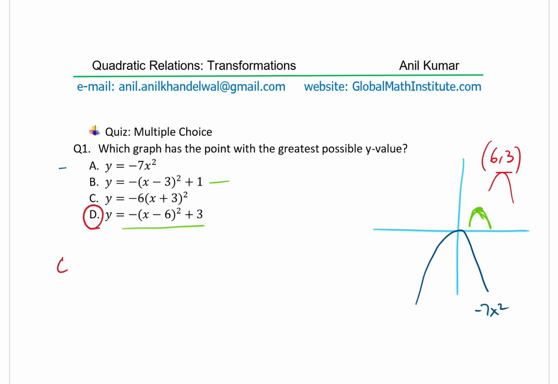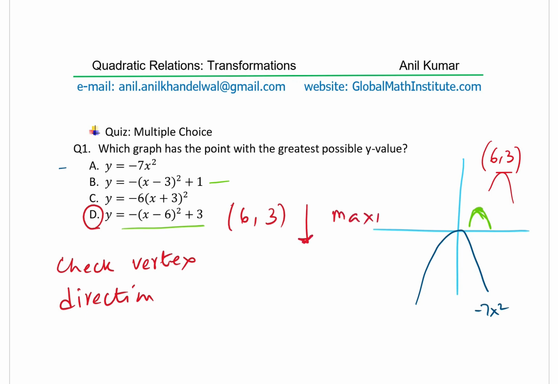So check vertex and direction. In this case, the vertex is 6 and 3 and the direction is down. So the maximum is there. That gives you the maximum, and that is your answer.